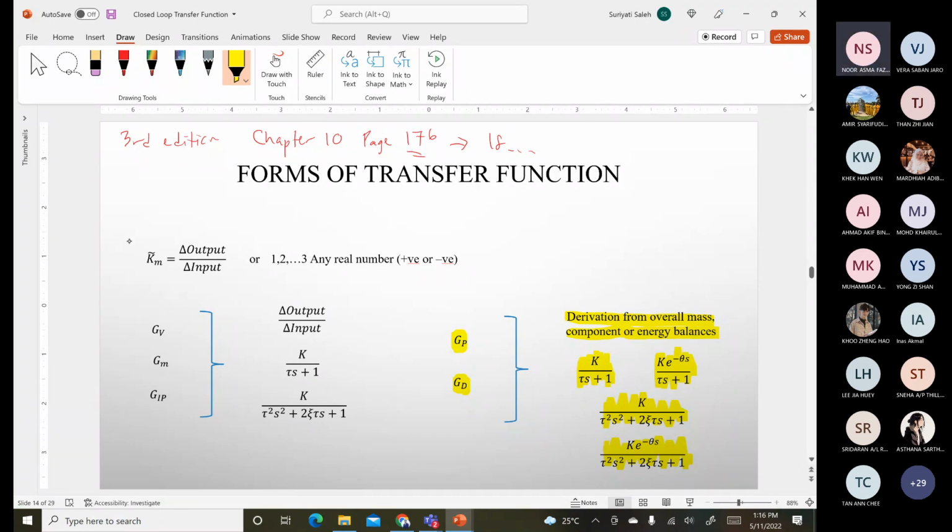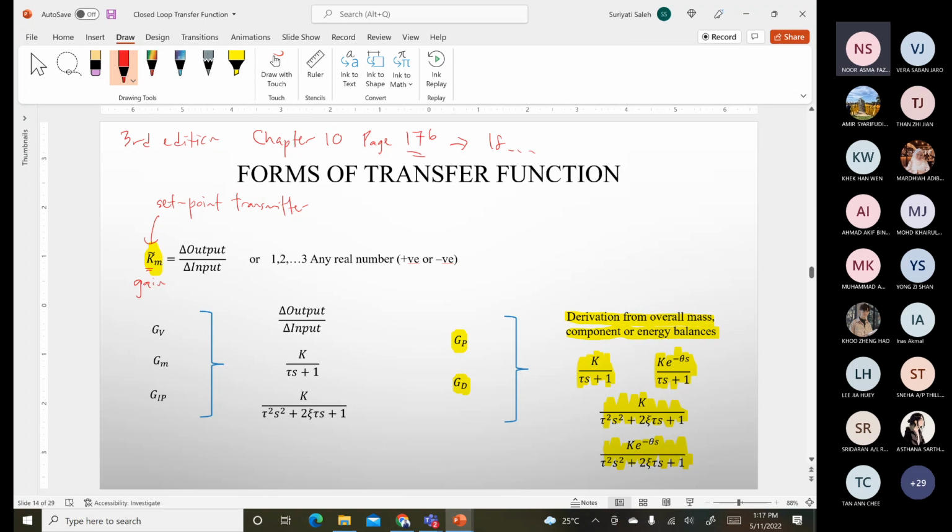And how about the KM? The KM bar here stands for the set point transmitter. Since you have the K here, that means it refers to the gain. What does it mean when you have only gain? You don't have any first order.